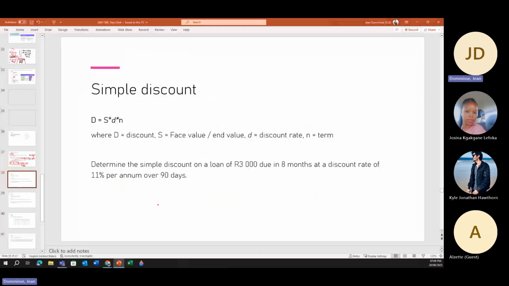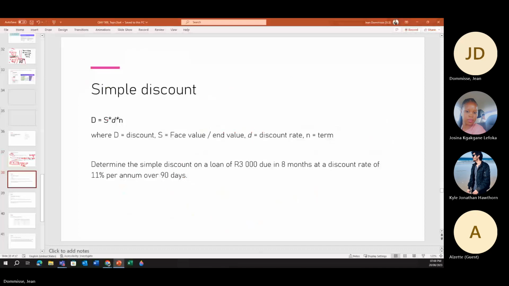Okay, the second part of the simple interest section is the simple discount rate.